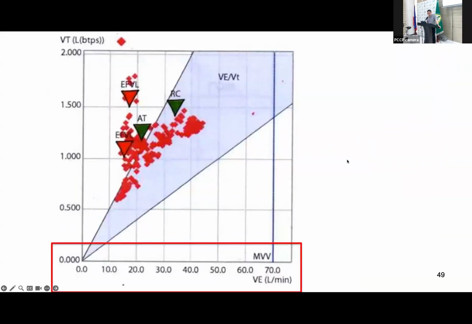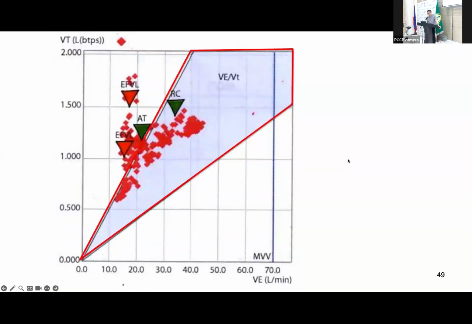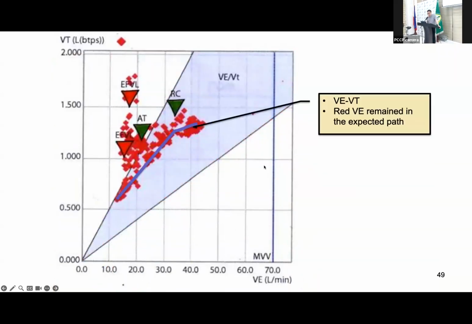Okay, so time, tidal volume, expected pathway, and that's the pathway that is done by the patient. It's still in the expected path, plateauing a little bit early, but still acceptable.